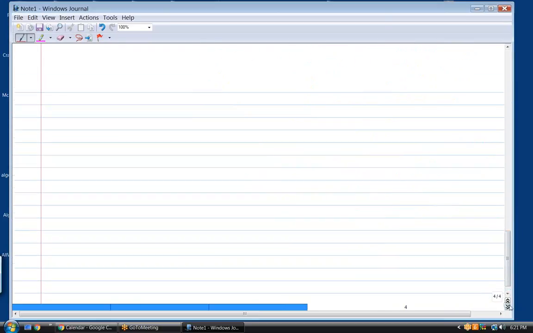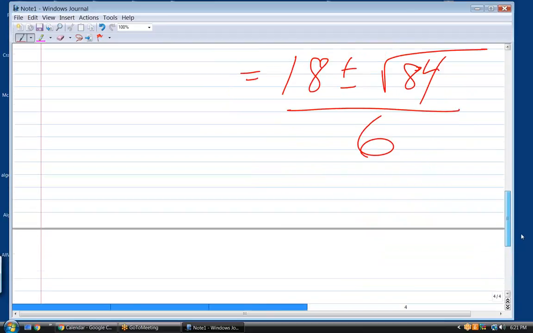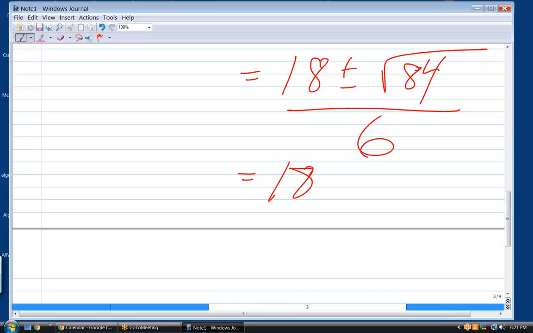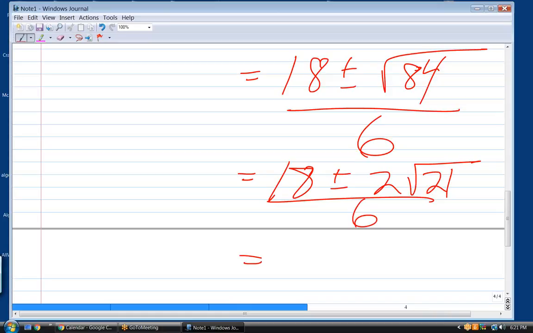84 is divisible by 4, so I can factor out a 2, and what's left? 21, all over 6. Finally, I can divide top and bottom by 2 to get 9 plus or minus root 21 over 3. And root 21 doesn't simplify.